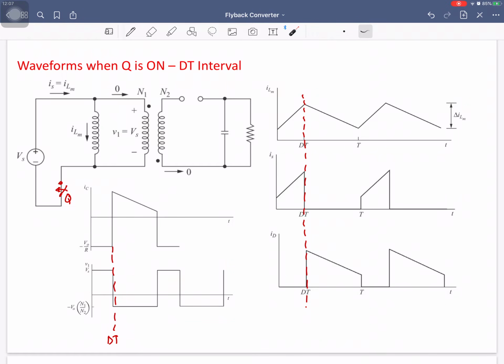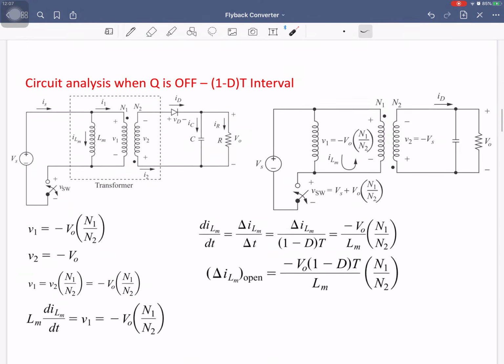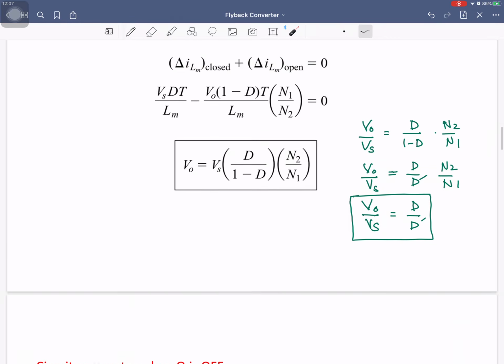Okay, and what's the voltage across your primary winding? It was plus minus like that, but now as you have interrupted the current in this inductor, the polarity is opposite, minus plus, so that you can observe over here, minus V0 into N1 by N2.